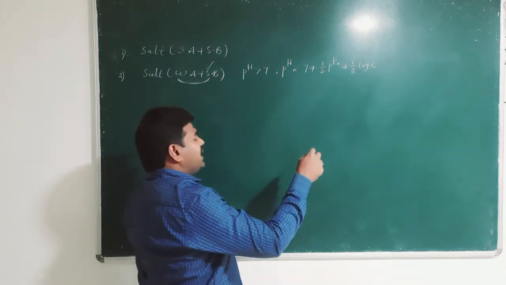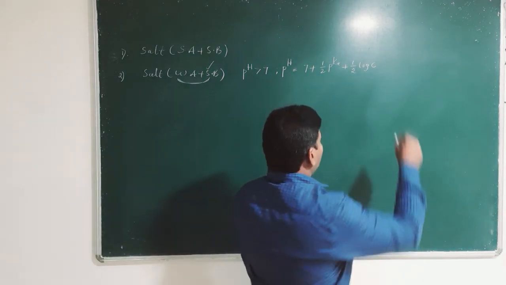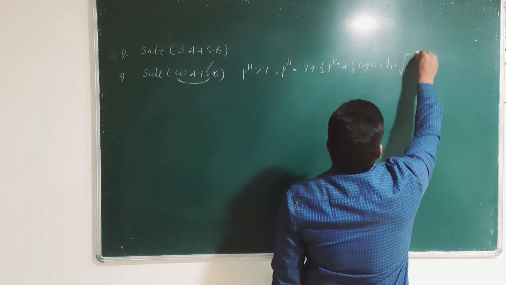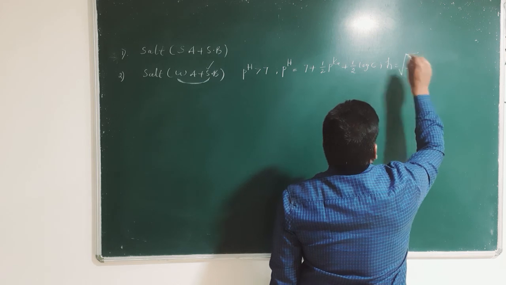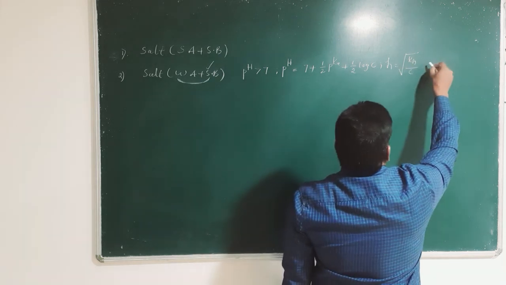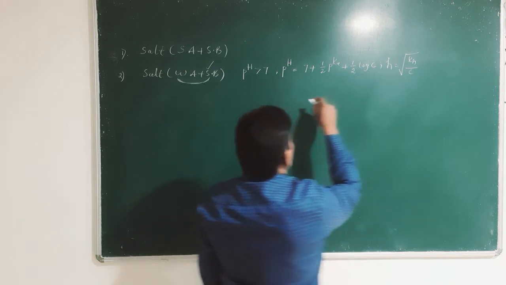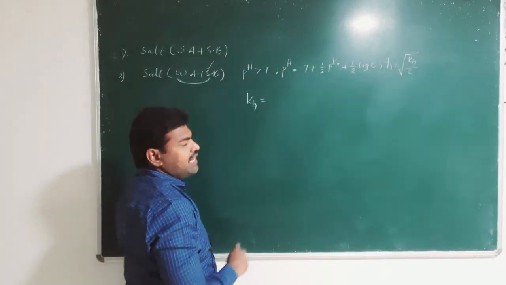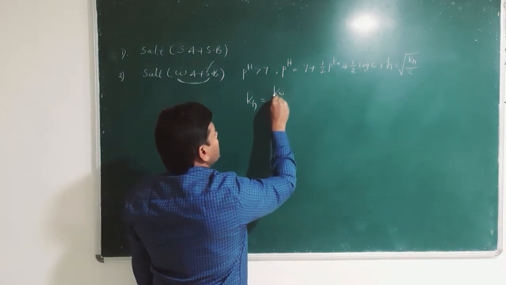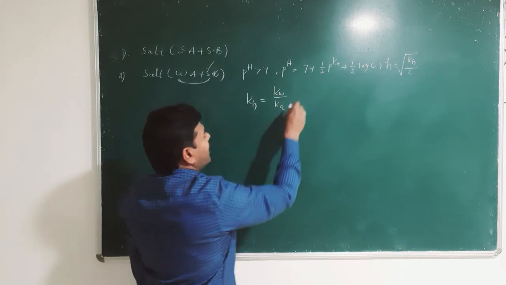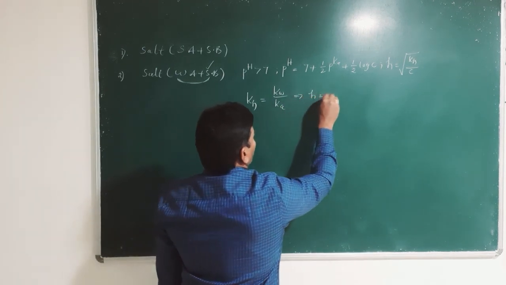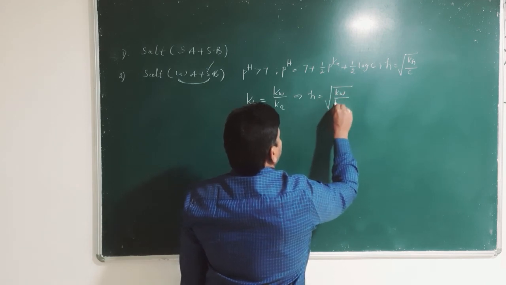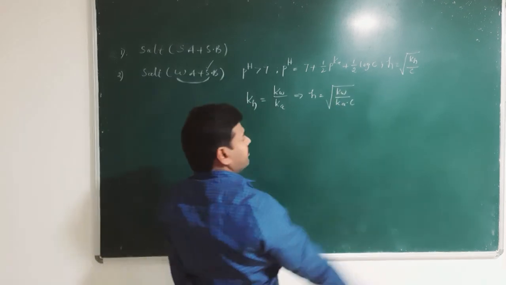And one more thing is degree of hydrolysis, h is equal to root Kh by C, and Kh, that is hydrolysis constant, is equal to Kw by Ka. Then h is equal to root of Kw by Ka into C.